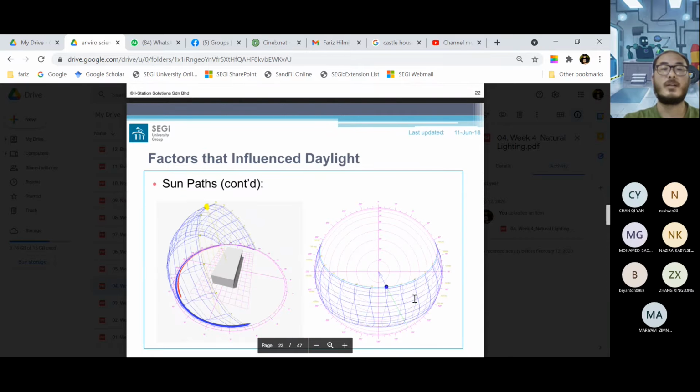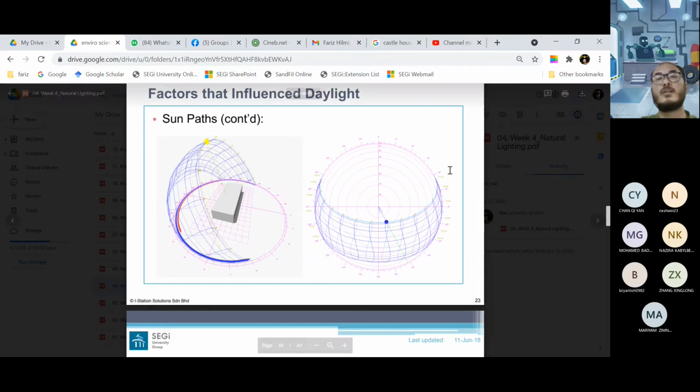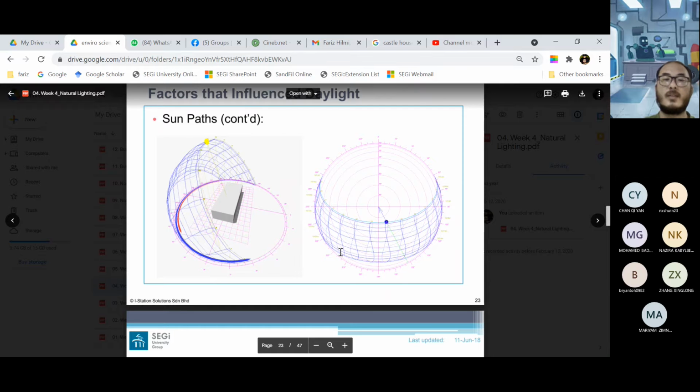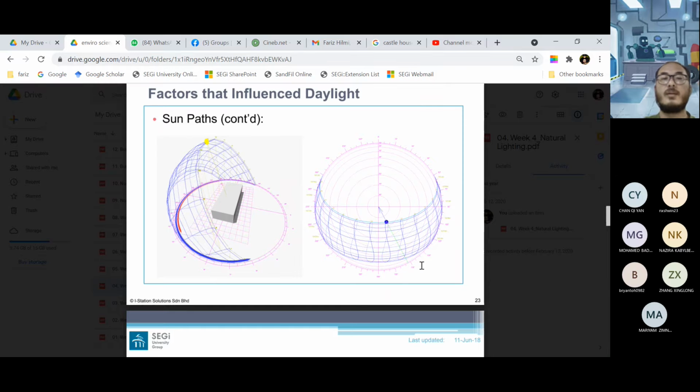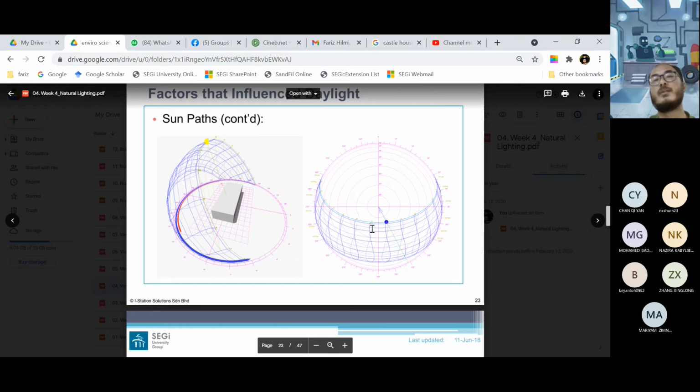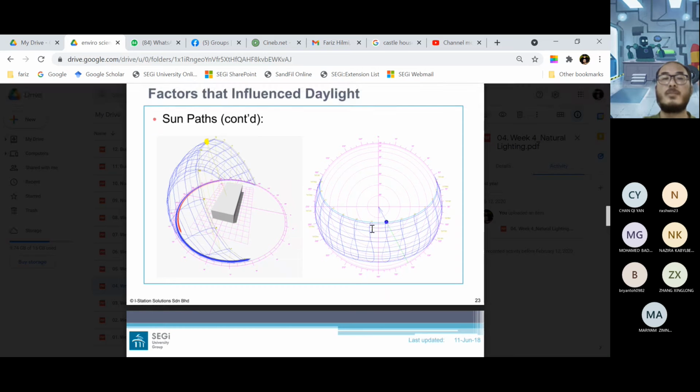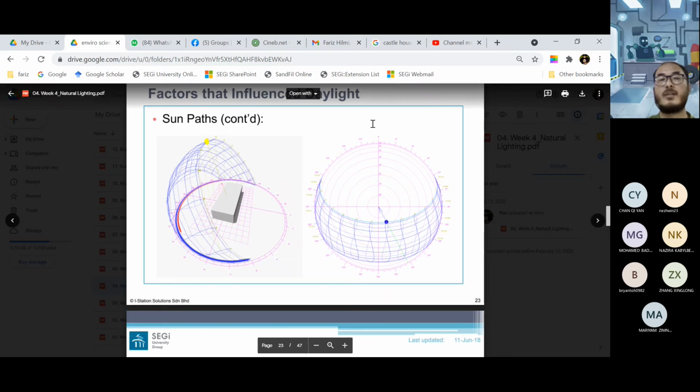We already learned this together. You already know the difference. This one is the longest line, right? And then the shortest one is at the bottom, most of the time this way. If it is Australia, for example, then all the sun paths are actually above.